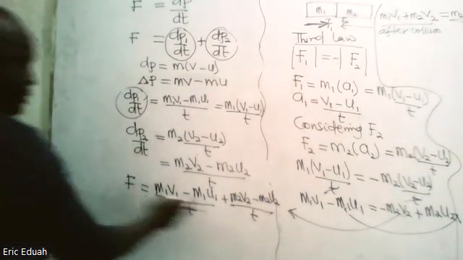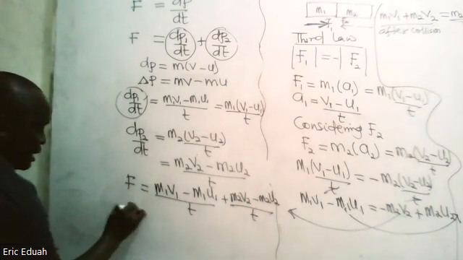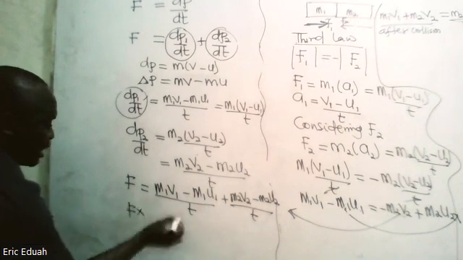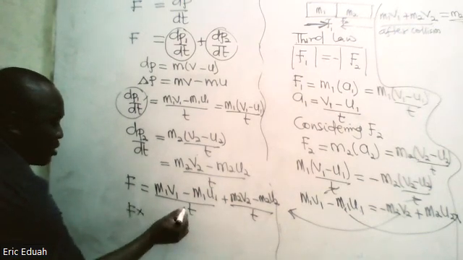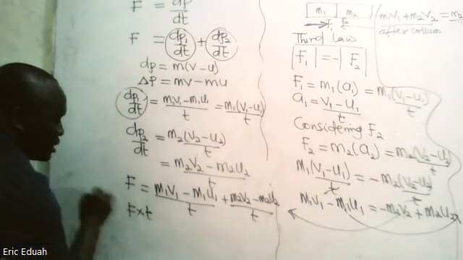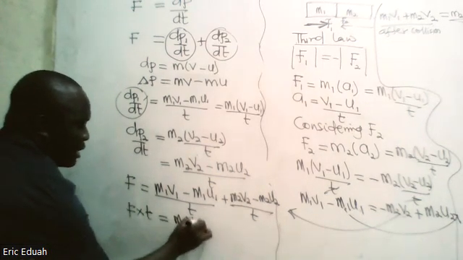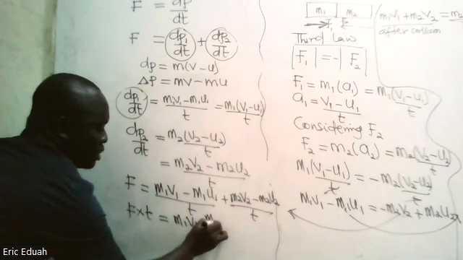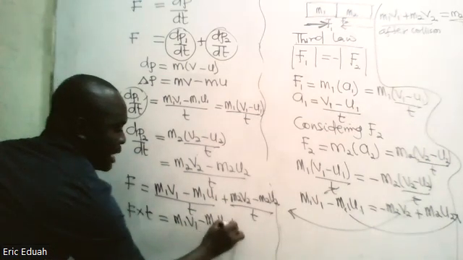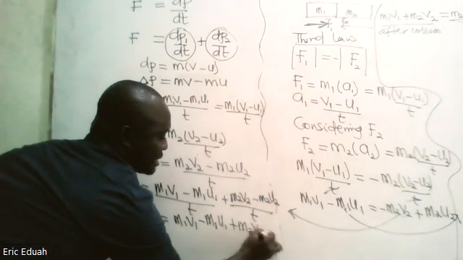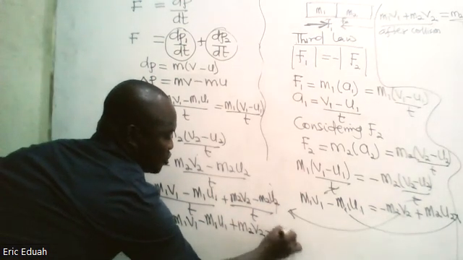Now, since time is equal for both masses during collision, we can multiply through by T. So we have M1 V1 minus M1 U1 plus M2 V2 minus M2 U2.